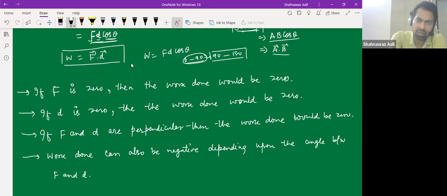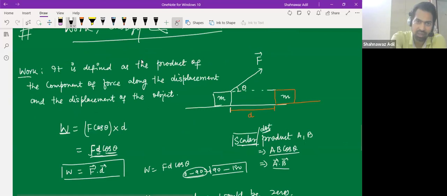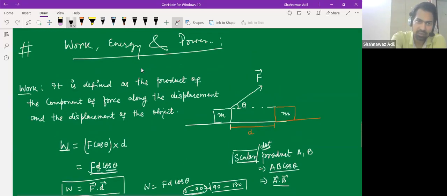These are the preliminaries. Then I will talk about work done as a physical quantity, its unit, and so on. Please note it down.